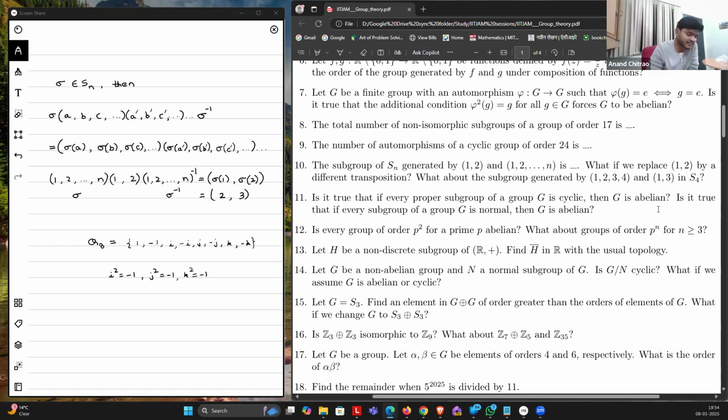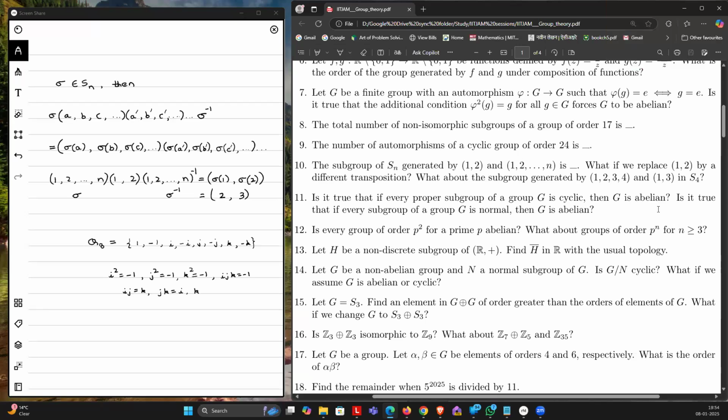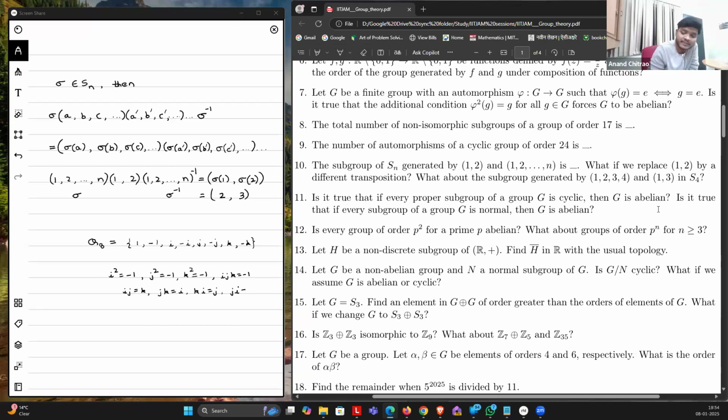Then ijk is minus 1. Then ij equals k, jk equals i, ki equals j. What about ji? Minus k. Yes. And so on. So you can write down many relations in this group.